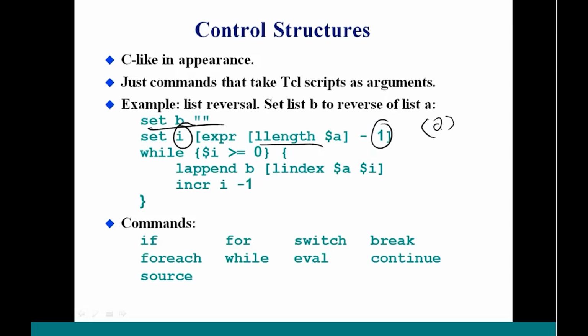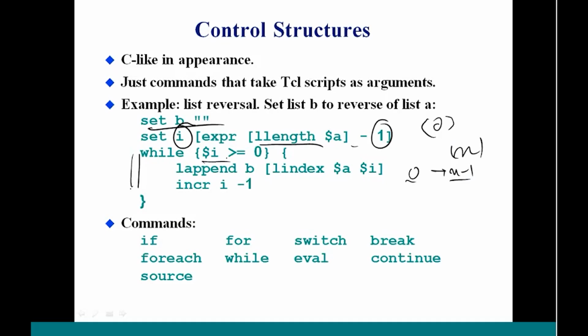So if you have n numbers, the actual list indexes are 0 through n minus 1. So if there are n elements, each one is indexed 0 through n minus 1. So we subtract 1, and then now we just go through this while loop, which is one of the control structures.